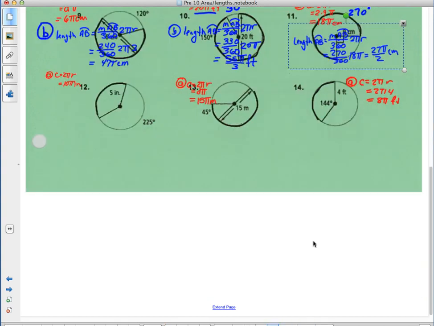Extend that up. So this last one, this is 225, but I've got 360 minus 225. So I've got a 135 degree arc I want to look for. Okay, so now in the B, I'm looking at my arc length.